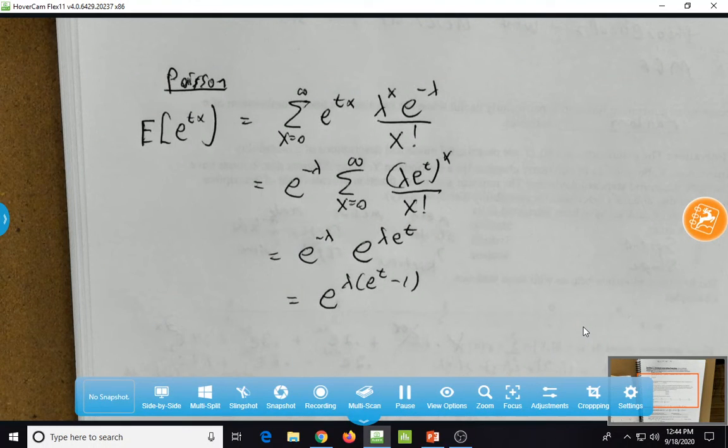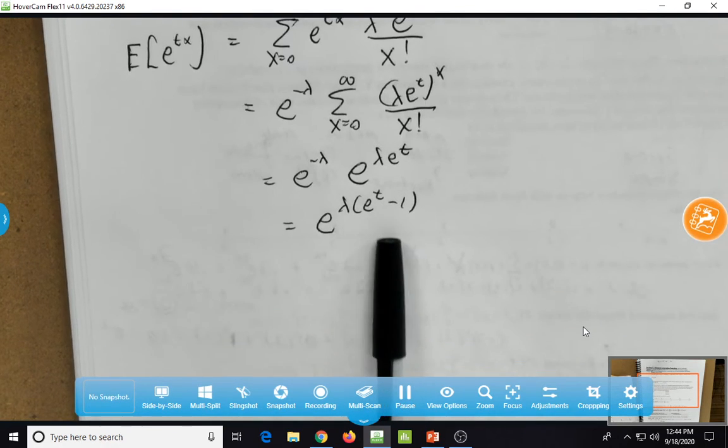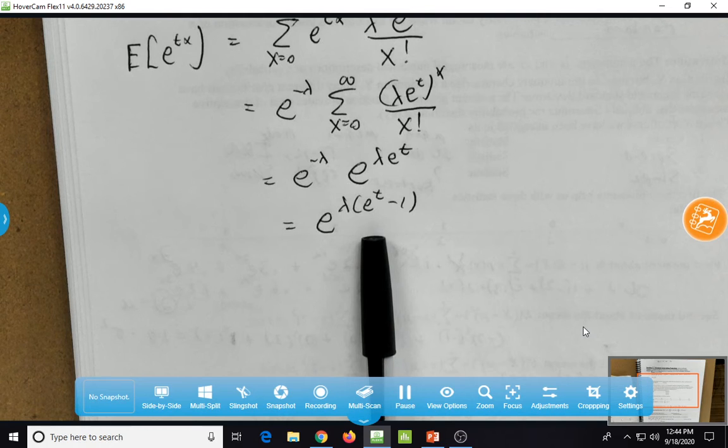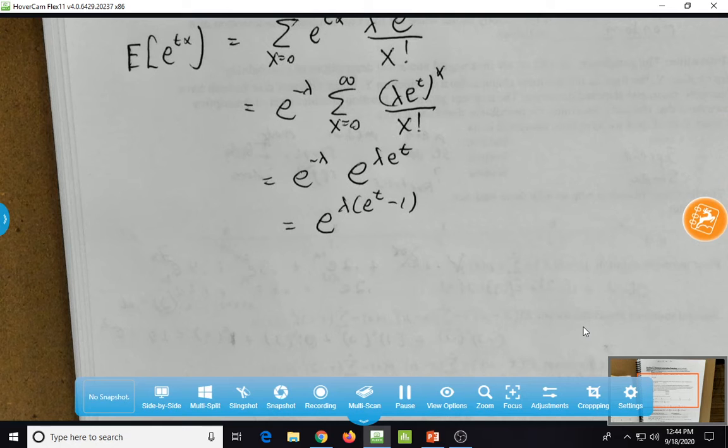Now, from this we could calculate what the mean is and what the variance is. Take this derivative with respect to t, plug in 0. Take the second derivative with respect to t, plug in 0, and then we'd have to subtract the mean squared.